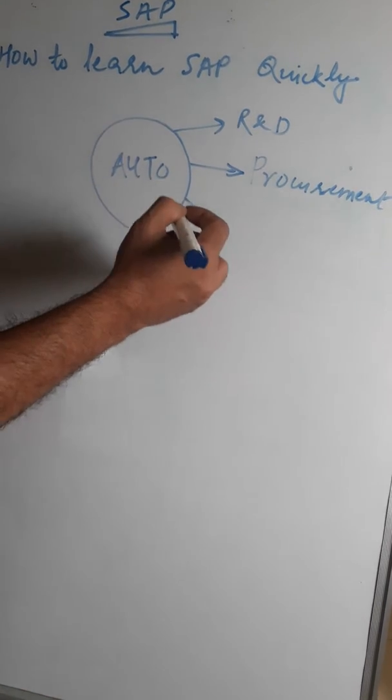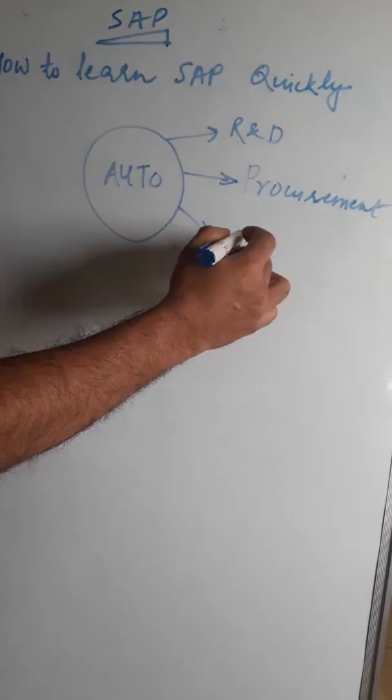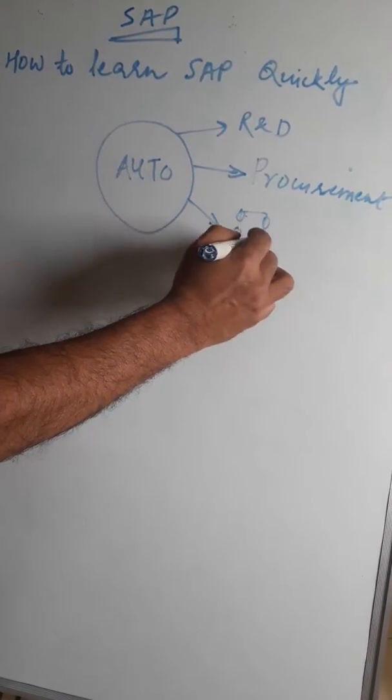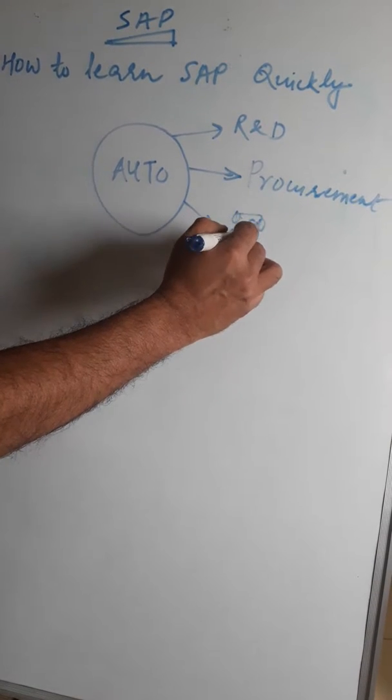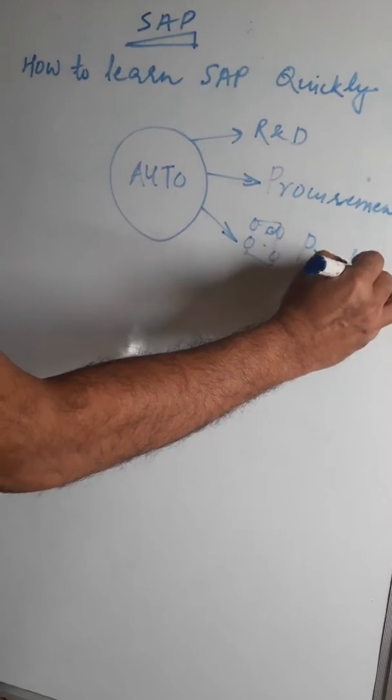They use those to finally create a product, a car, which they can sell into the market. So this is taken care of through production.